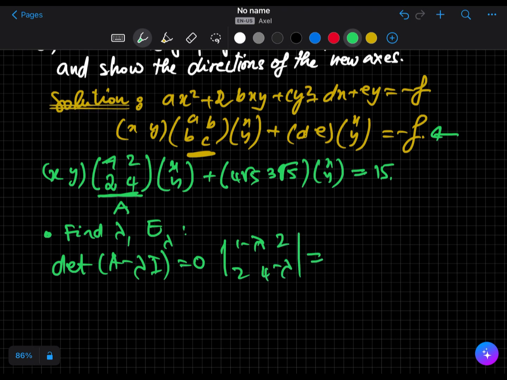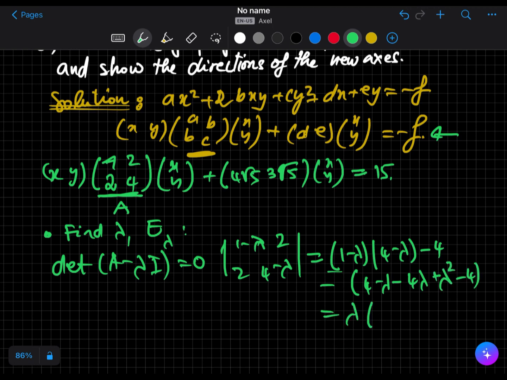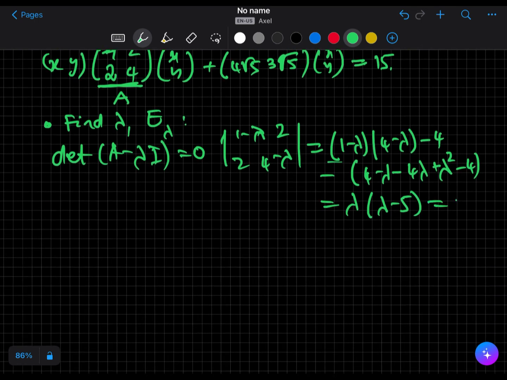So you will have (1 minus lambda)(4 minus lambda) minus 4, which equals 4 minus 4 lambda minus lambda plus lambda squared minus 4. So this will give me lambda times (lambda minus 5) equal to 0. We have two values of lambda.